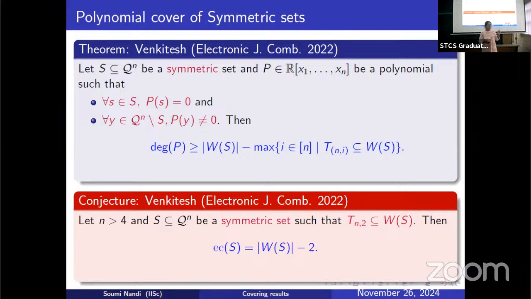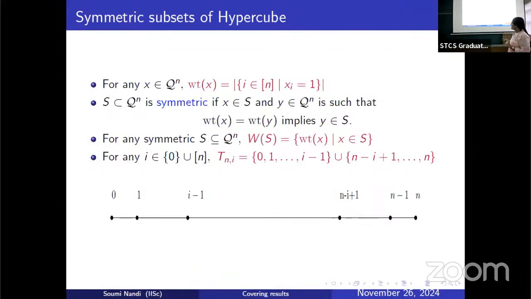But this result says that if S has some T_n^i as a subset of W_S, that means from 0 to i minus 1, all these weights are in S, and also the last i weights are in S. In that case, from the upper bound, instead of taking a degree-2 polynomial, we can consider a degree-1 polynomial and then do the same job again.